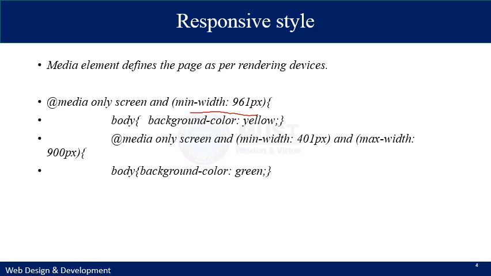On the other hand, the other query states that this is also a media query for screen, and it will render the style of green when you have a minimum width of 401 pixels and a maximum width of 900 pixels. So this is actually one design in a media query. However, you can incorporate a list of designs or even a list of cascading style sheets in a specific media query to render the pages as per the requesting devices.